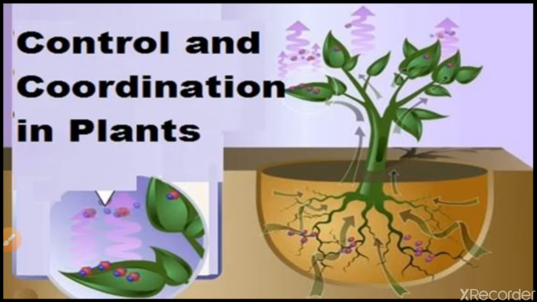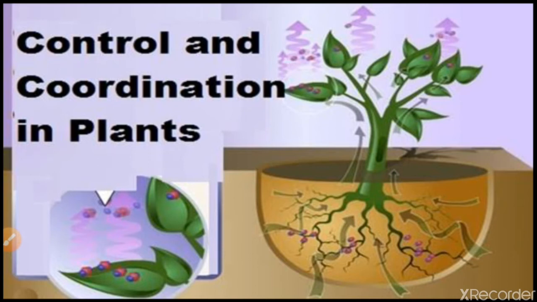So I'm starting with the plant portion. How do plants coordinate? As we know, animals have a very complex structure, so they have the nervous system, the hormones, and the sense organs, so they respond to their environment very fast.